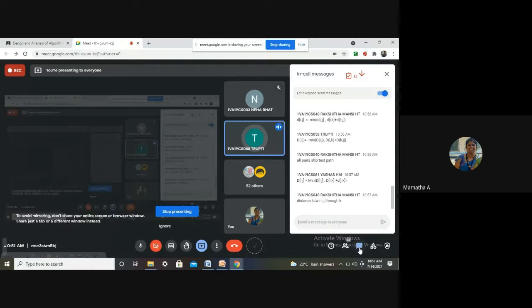Why should I add them? To get the distance of the path between i to j. Very good, Trupti. So you have to take k as the intermediate vertex, find the distance between i to k, then k to j, and add them to get the distance between i to j.